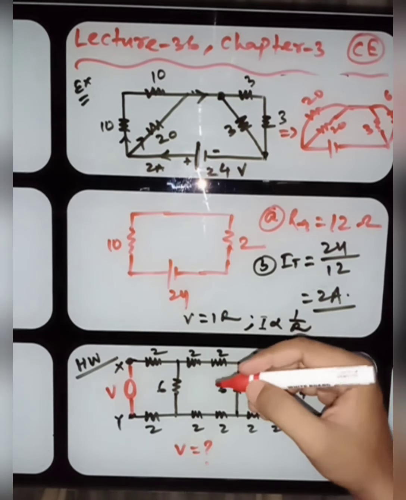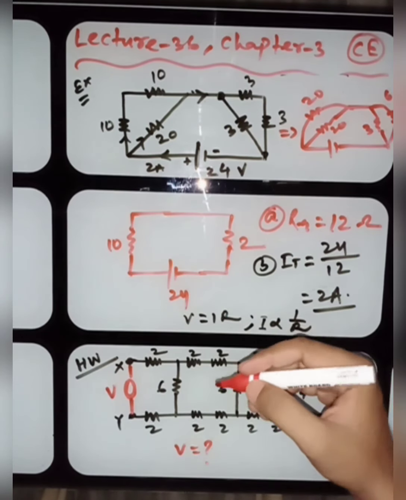You have to find, if 1 ampere current reached this point, how much potential has been given between x and y, and also you have to find the current across each resistor connected here. This is the question.